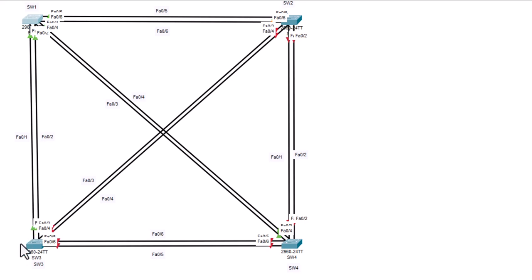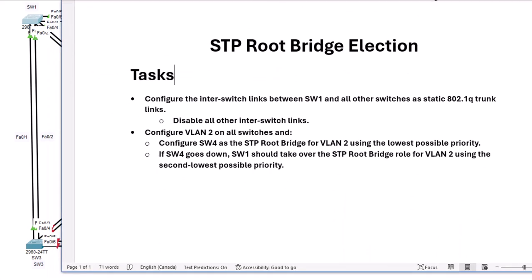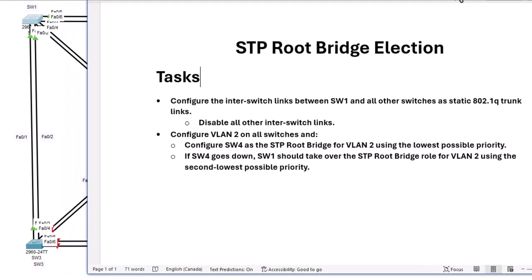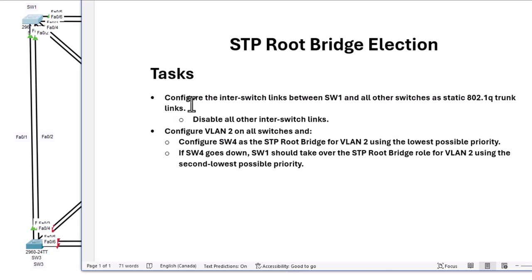For this lab, in order to verify and see the STP root bridge election, I have prepared some tasks that we will do, and then we will do the verification. The first thing, I will configure the inter-switch links between switch 1 and all the other switches as static 802.1Q trunk links.